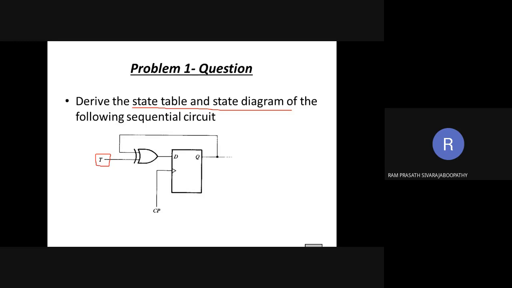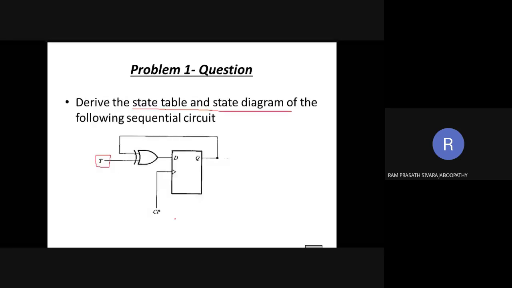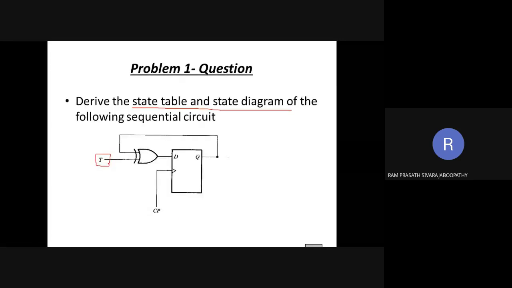Just consider there is no output. You consider the circuit like this. So in the circuit பொறுத்த வரைக்கும் என்ன இருக்கு பாருங்க, we will be having only one input named T. ஒரே ஒரு input தான் இருக்கு. We don't have any output.